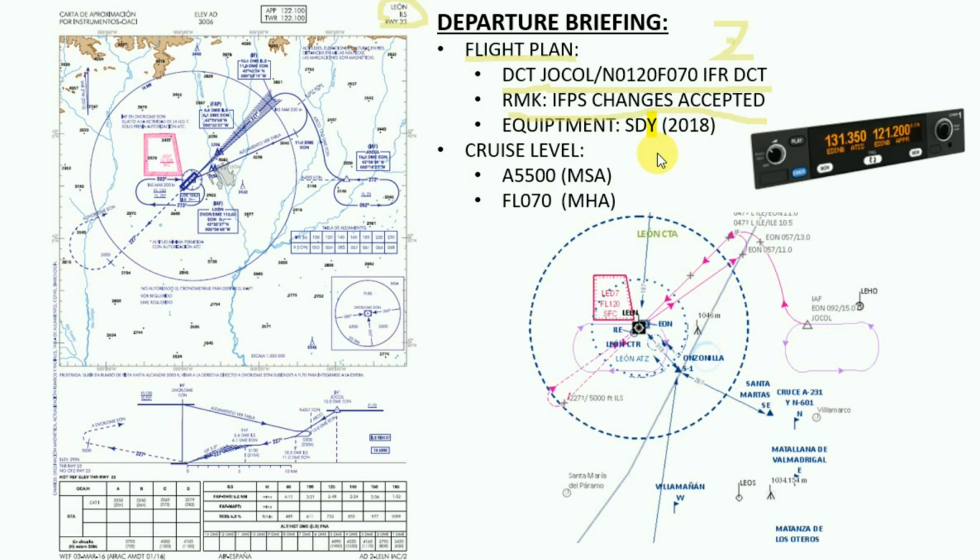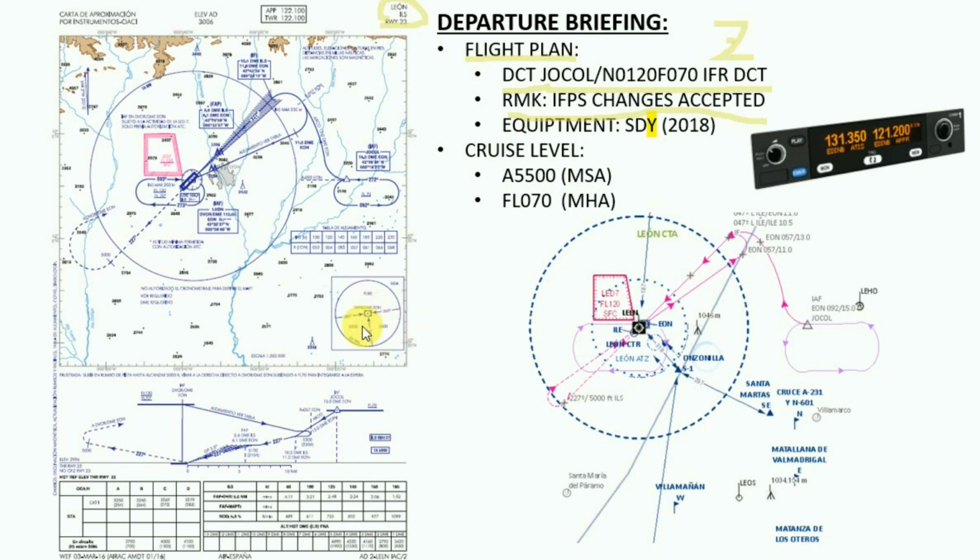Then another thing that we need to take into account is the MSA, minimum safety altitude, and also the MHA, which is the minimum holding altitude. So we are departing from this site, which is Leon's airfield, and we are proceeding to this initial approach fix, Echo Oscar November. So our minimum safety altitude will be 5,500 in this sector.